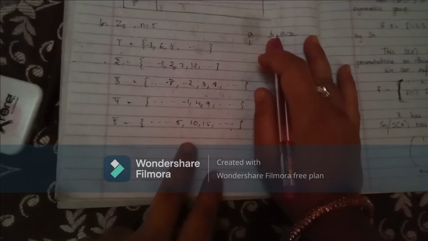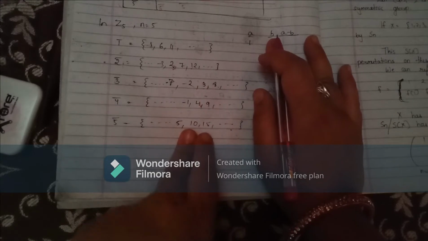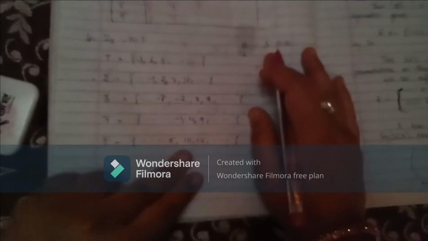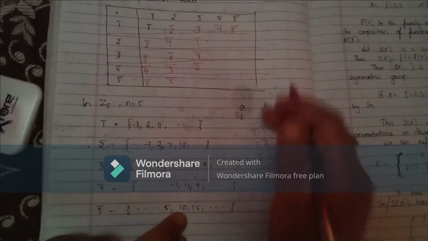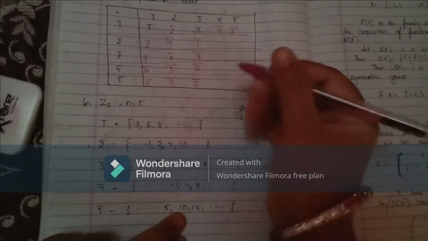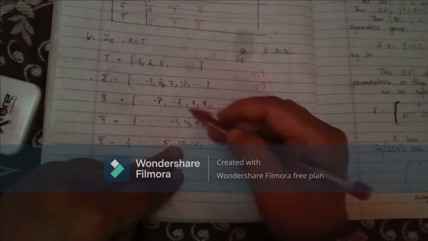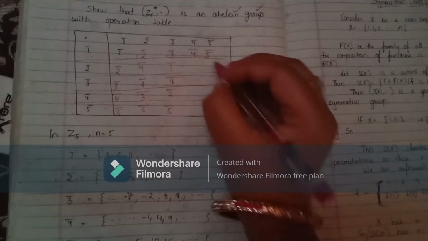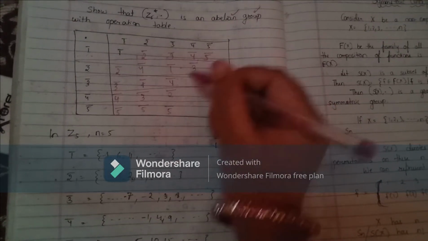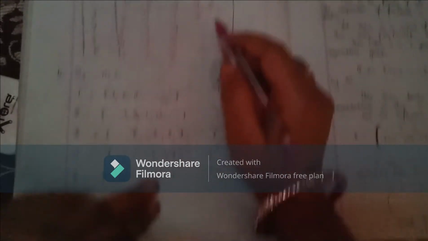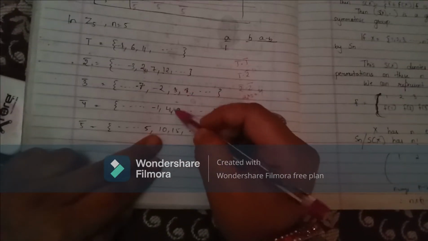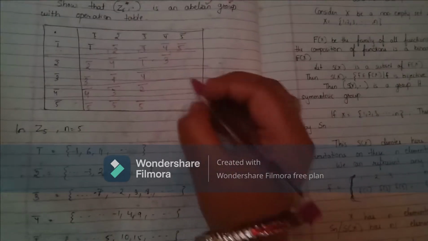Okay, now 5 multiply 3, 5 threes are 15 and 15 is in 5 equivalent class. Now next 4 twos are 8 and 8 is in 3 equivalent class. Now 3 fours are 12 and 12 is in 2 equivalent class.